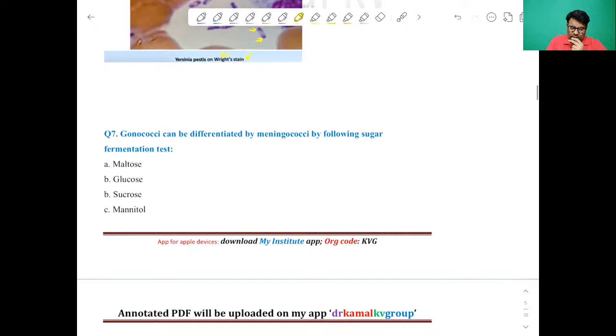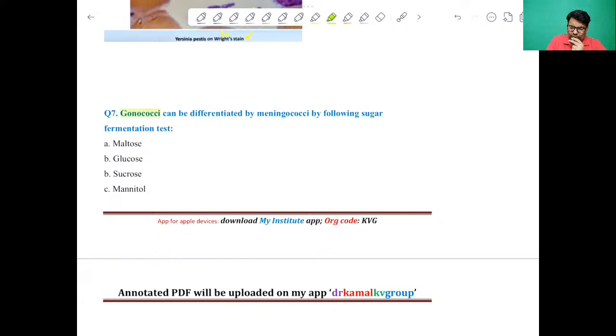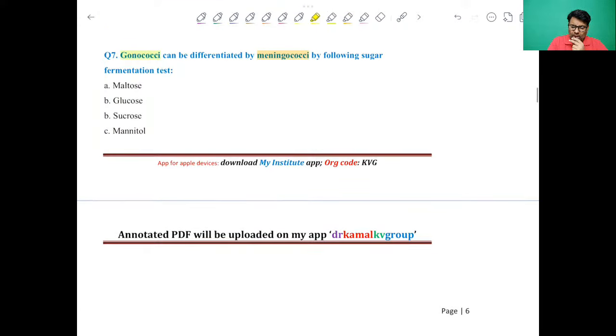Now, gonococci, it can be differentiated from the meningococci by which sugar fermentation test? So here, if we write gonococci, that is Neisseria gonorrhea, and meningococci, that is Neisseria meningitidis, one way of differentiating the two is by their shape.